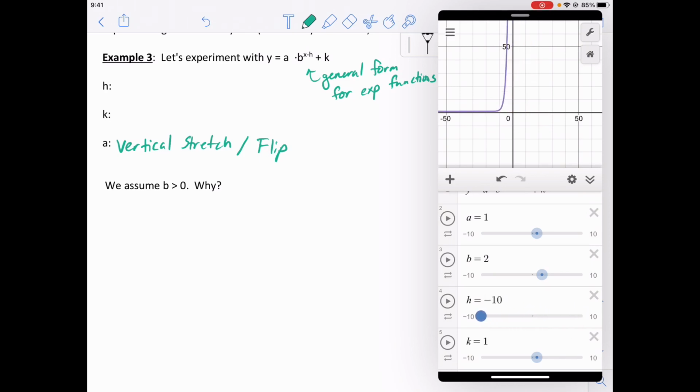And it becomes a little bit more clear when we zoom out. That shouldn't be surprising. It's our term next to our x, and we're adding or subtracting, so this is our horizontal shift. Notice it has no impact on where that horizontal asymptote is. Doesn't do anything. Asymptote is exactly where it was when we moved this.